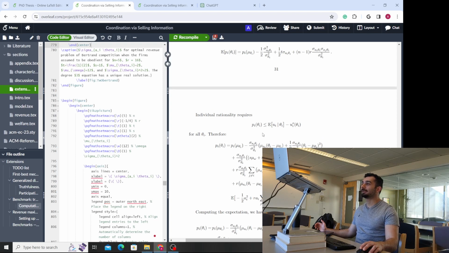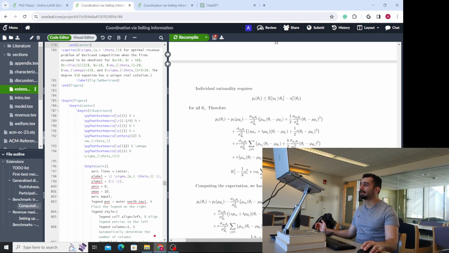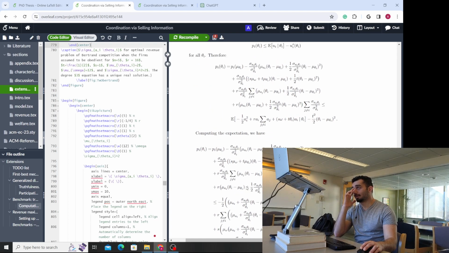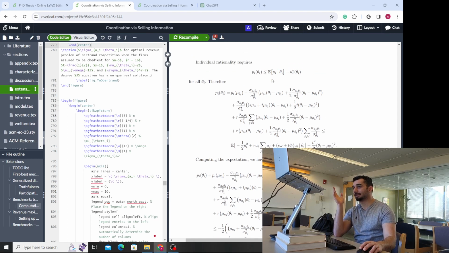Individual rationality requires this. Well, this line is good. Therefore, I can again simplify that. I don't need the whole formula there. I can say this is it. We have a formula for payment.